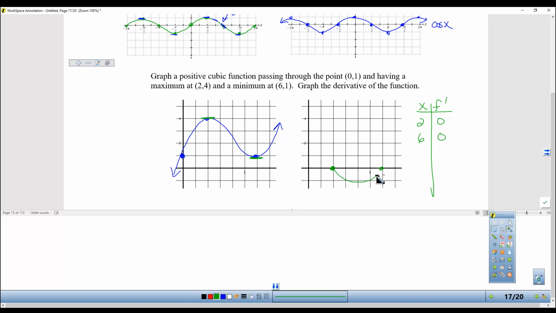So these all have to be negatives. But as soon as you get to 6, the slope becomes positive. And as soon as you get before 2, the slope is positive. Did I necessarily make that the right parabola? No, but you definitely should have a sense of what it looks like, okay?